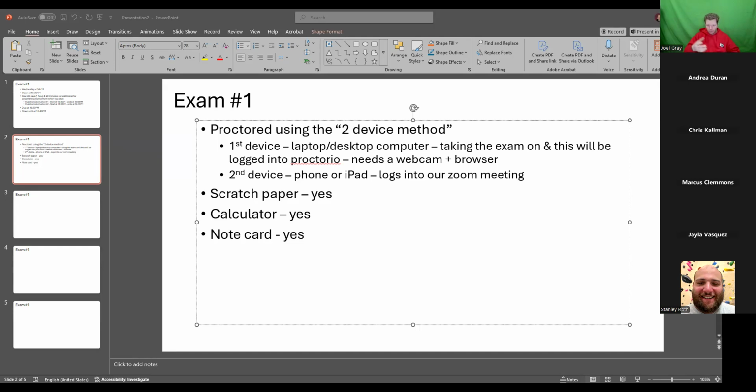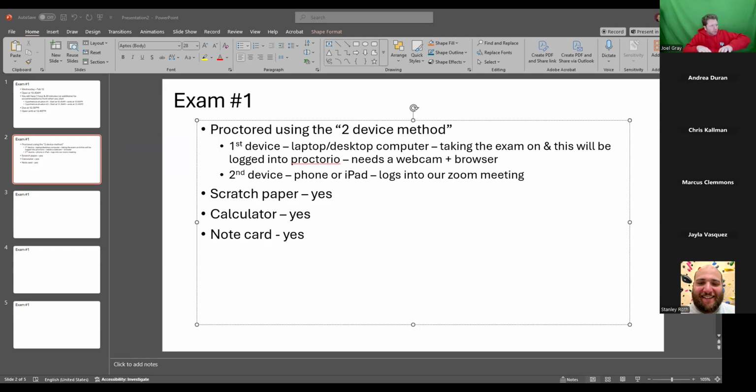What Proctorio is doing is, like I said, monitoring your keystrokes and what pops up on your screen. Proctorio does not assign your grade. Proctorio gives me a score. I'm going to be both the student and the instructor here.